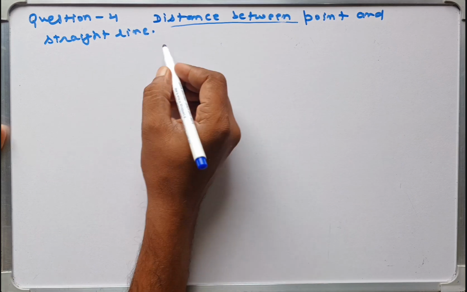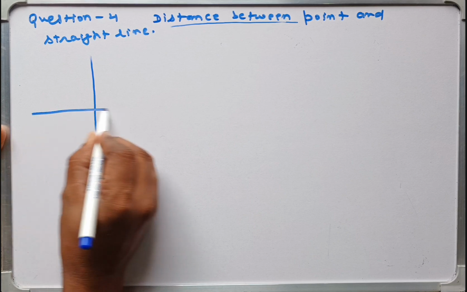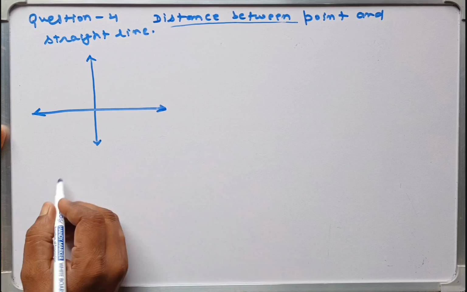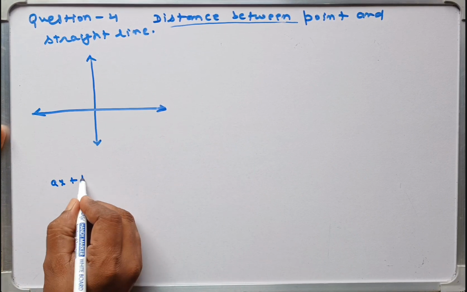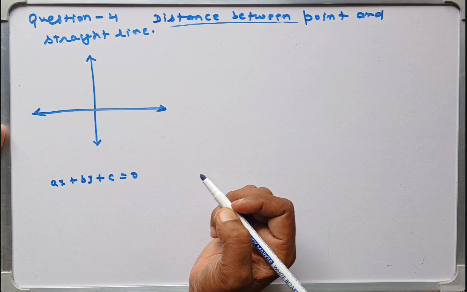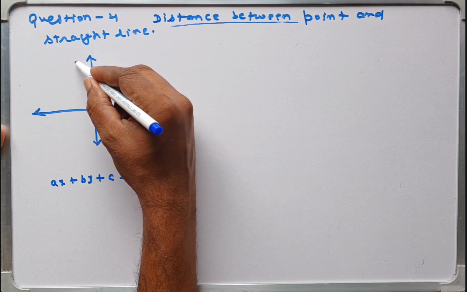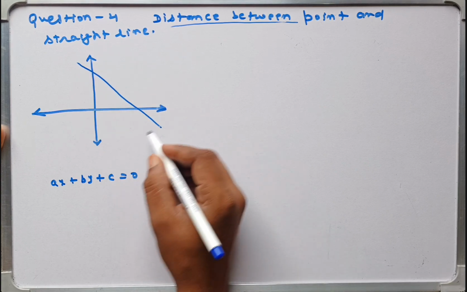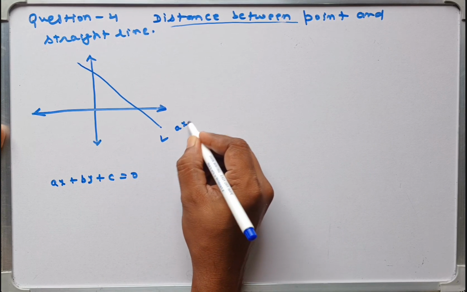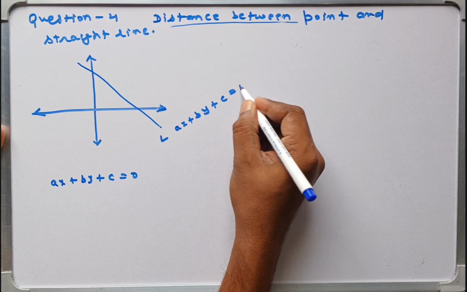Suppose the standard form of a line is ax plus by plus c equal to 0, which is the equation of a straight line. So suppose this is like this one. We can say this is line L whose equation is ax plus by plus c equal to 0.